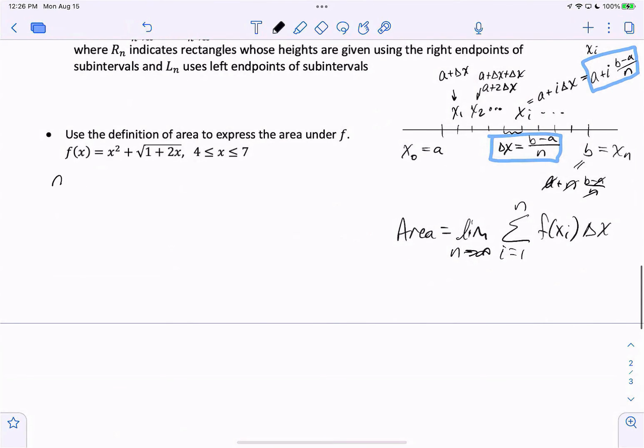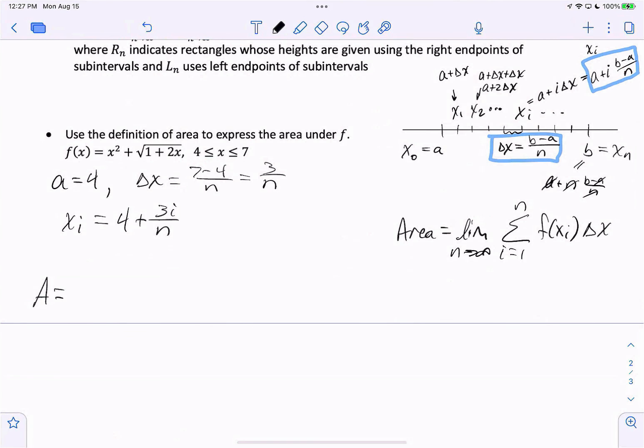Now that's the expression I want to use to give the area for this particular function. Now we have that a is equal to 4. And we have that delta x, which is b minus a over n, is equal to 7 minus 4 over n, or 3 over n. x sub i is then 4 plus 3i over n.